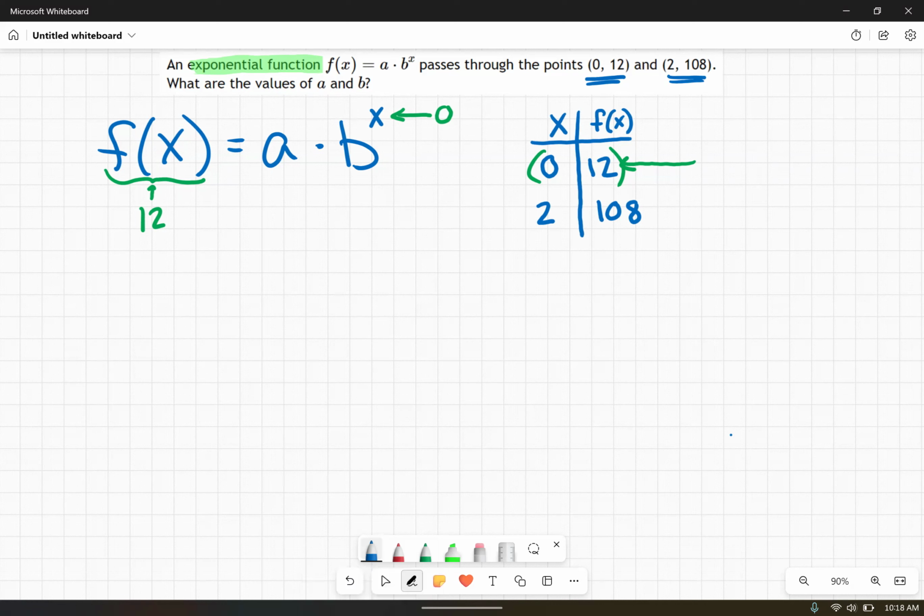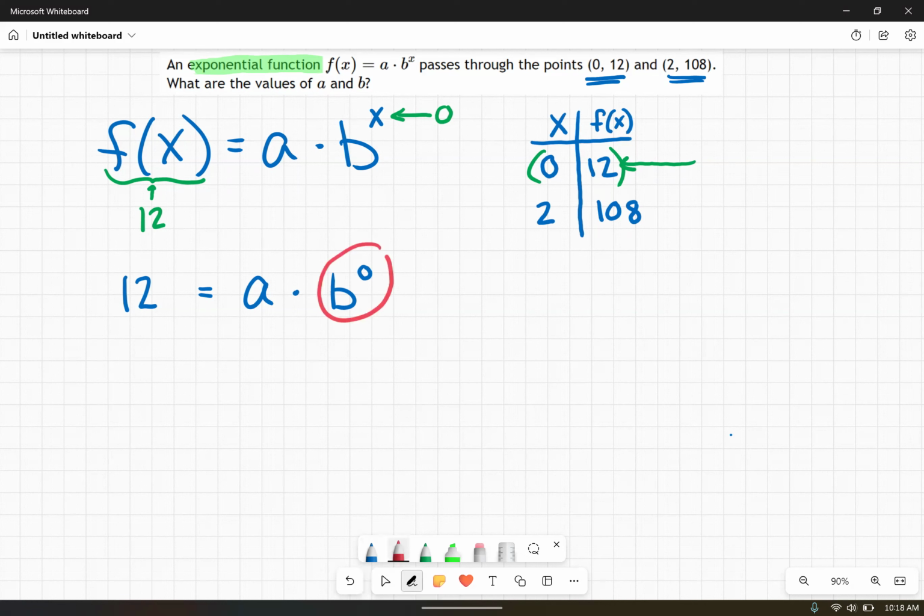That becomes 12 is equal to a times b to the power of 0. Now I'm starting with the point that contains the 0 because those are usually easier to work with, because 0 times anything is 0 and anything to the 0 power is 1. So it doesn't matter what b is.